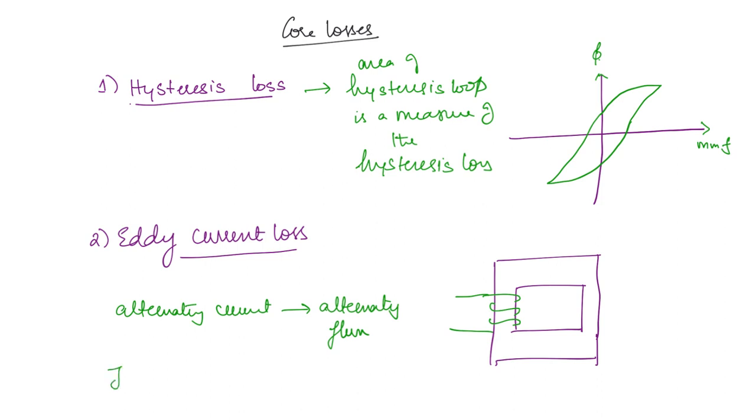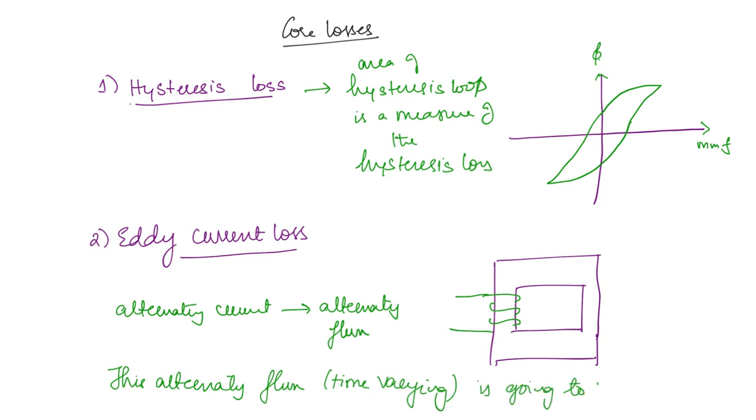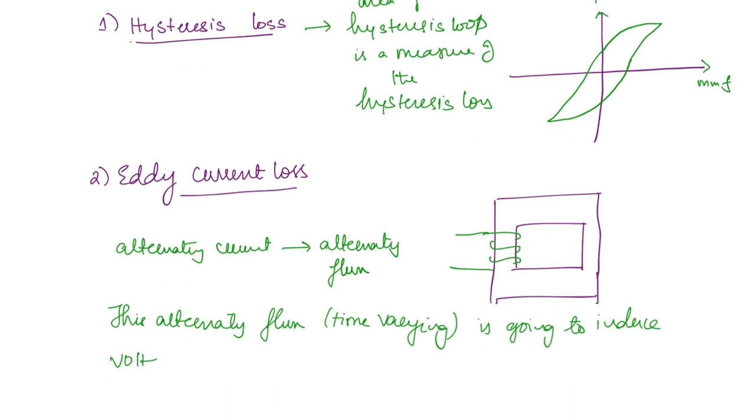Okay. So you can write this alternating flux, which is time varying, is going to induce voltage in the magnetic core. So once voltage is induced, what is going to happen? The electrons that are present in the magnetic core are going to experience a force and they are going to move within the magnetic core.